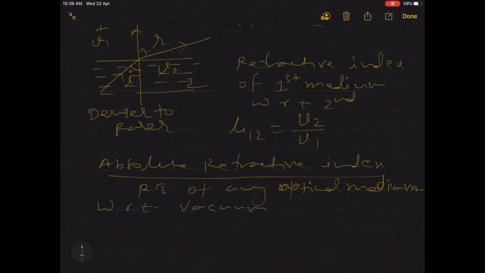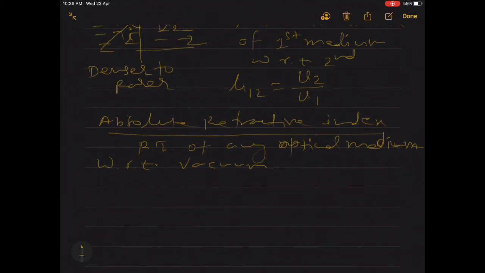So it is mandatory now that the rays enter from here, where we have taken vacuum, into any medium we are taking here. So rays entering from vacuum to the medium.